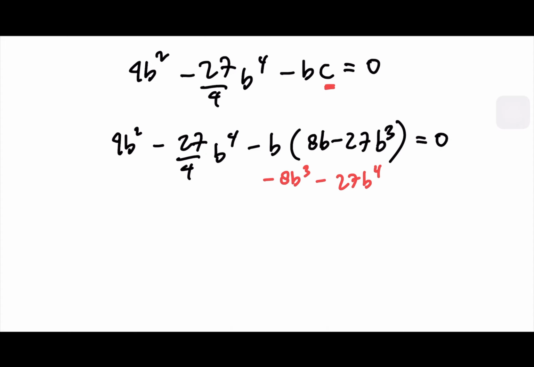Oh sorry, this is squared, so we have 4b squared minus 8b, so we will have minus 4b squared.